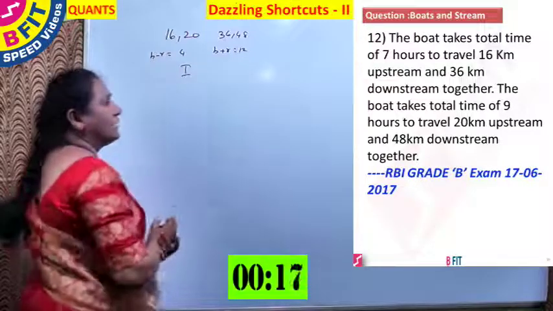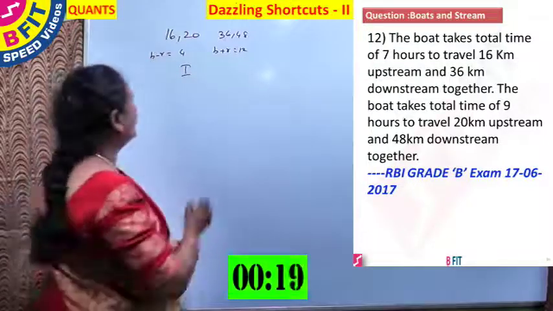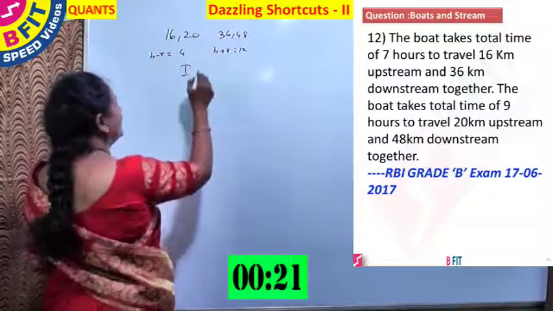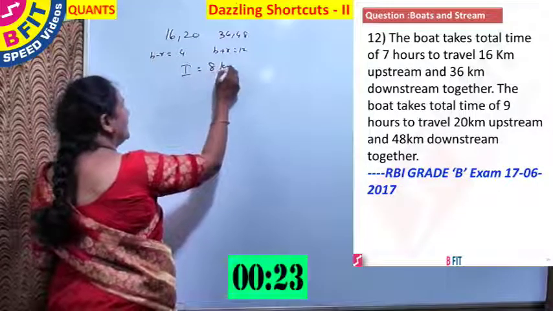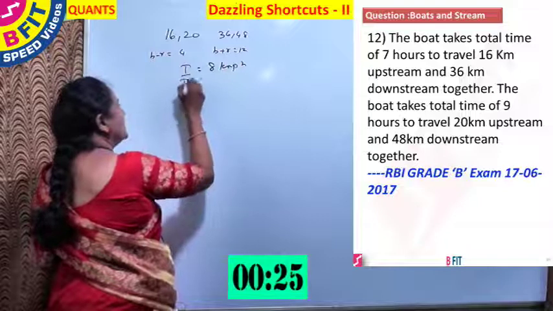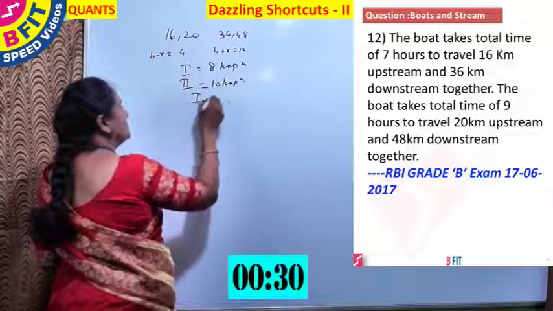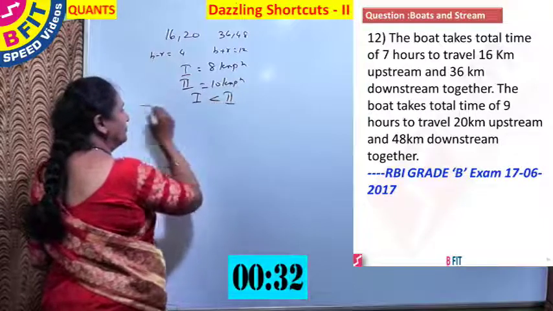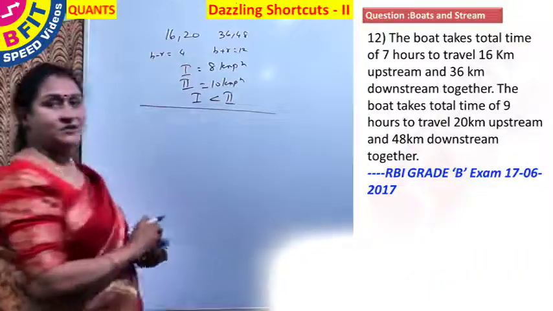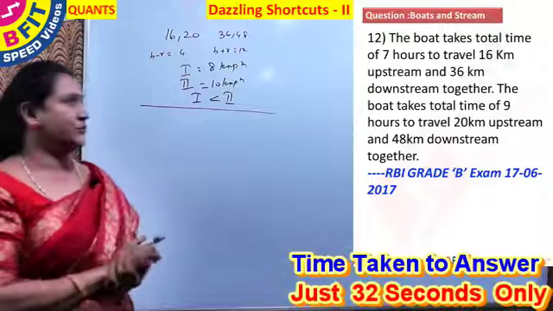We need the quantity 1 value, which is the speed of the boat. The speed of the boat is 8 km per hour, and quantity 2 is the absolute value which they have given, 10 km per hour. So 1 is less than 2. So the answer is option 1 is less than option 2.